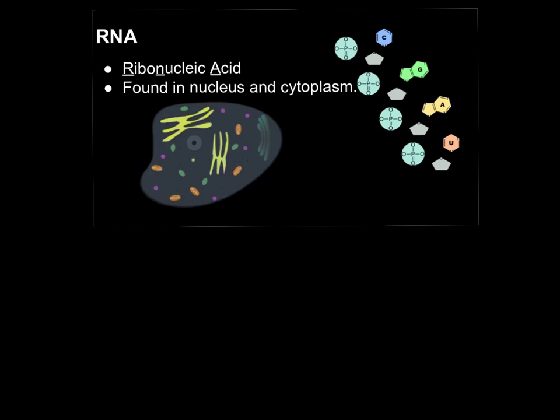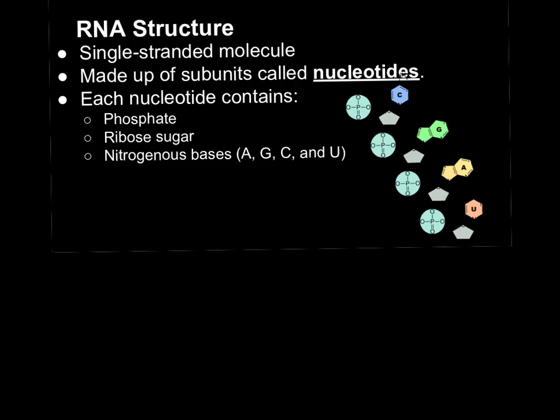RNA stands for ribonucleic acid, and this is very important in protein synthesis. It is found within the nucleus of the cell, and it's found floating around in the cytoplasm of our cells. This right here is a picture of RNA. So let's look at how RNA structure compares to DNA structure.